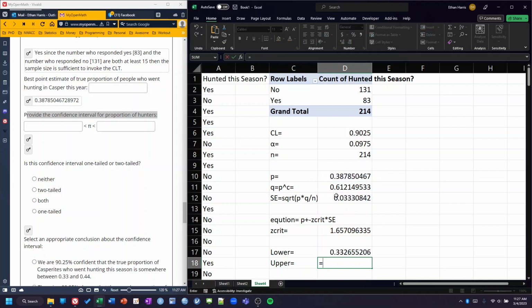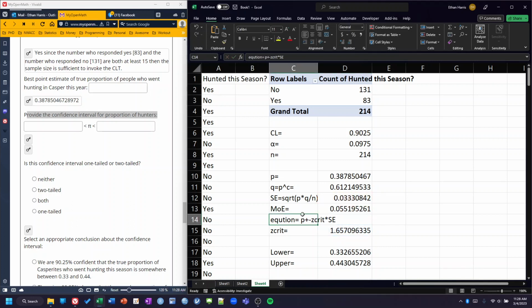And the upper is going to be equal to our p plus z critical times the standard error. And hit enter. The only other thing, if you want, let's just calculate it real quick. The margin of error is equal to the z critical times the standard error. So we could do it that way.